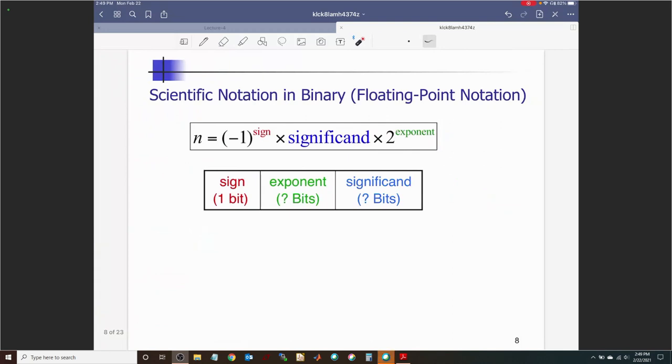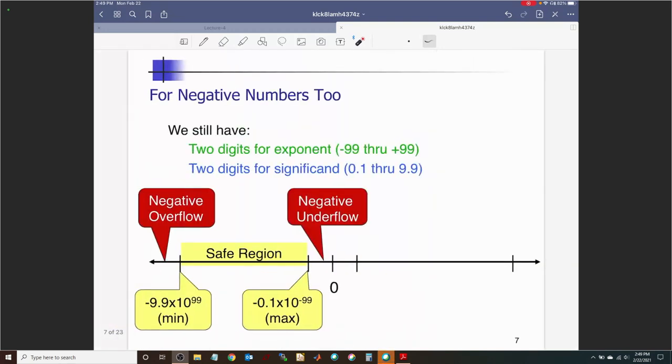Now, by the way, when I talk about overflow and underflow, do I have to worry about the operands, or do I only have to worry about the results? That's a question to you guys. Yes, only the result, right?